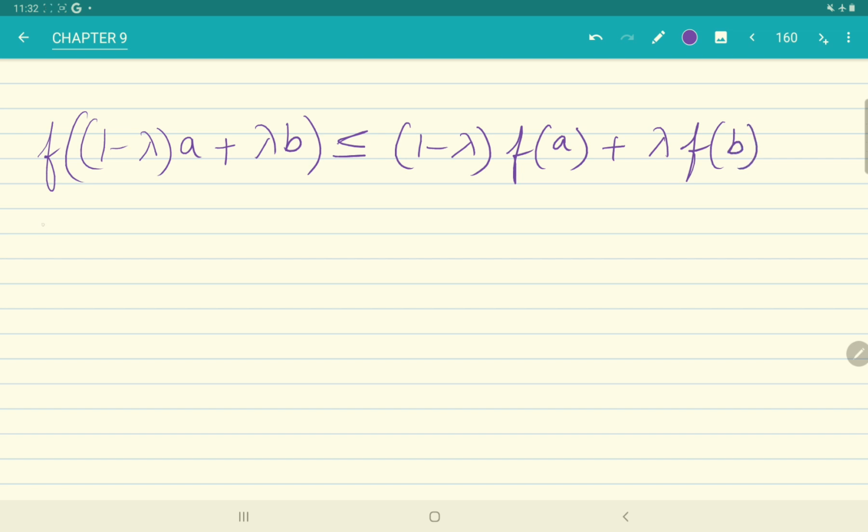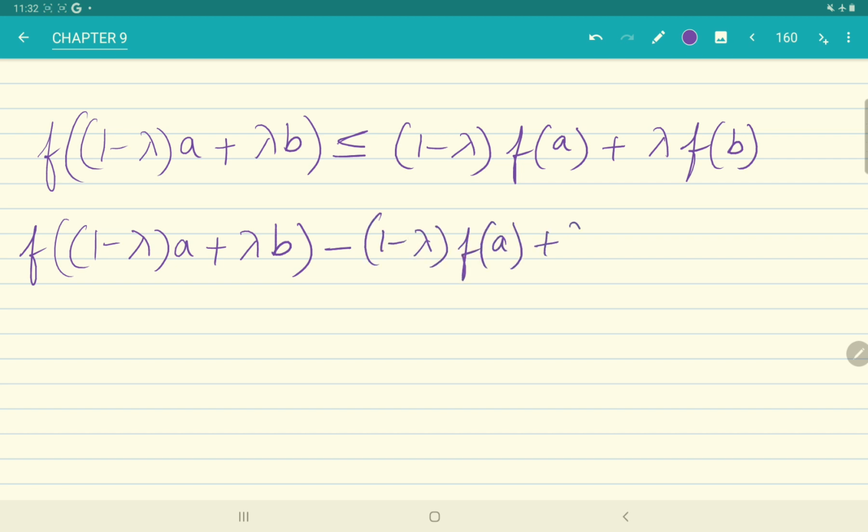Or in other words, if I take their difference, f of (1 minus lambda) a plus lambda b minus (1 minus lambda) f of a plus lambda f of b should be less than or equal to 0. We basically have to prove that this difference is always less than or equal to 0. Once we have proved that, that just means the function is convex.